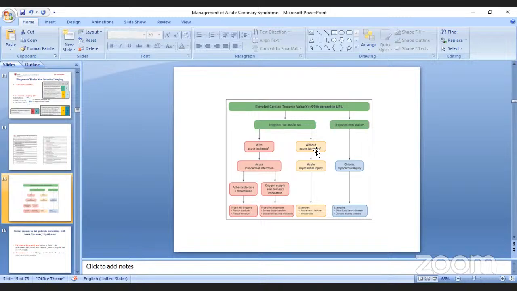In case it is not associated with findings suggestive of acute ischemia, then it is just acute myocardial injury. This injury can be because of any heart failure or myocarditis due to any cause. In case the troponin levels are stable, there is no acute rise or fall, then it is chronic myocardial injury, which can be because of any structural heart disease or chronic kidney disease.